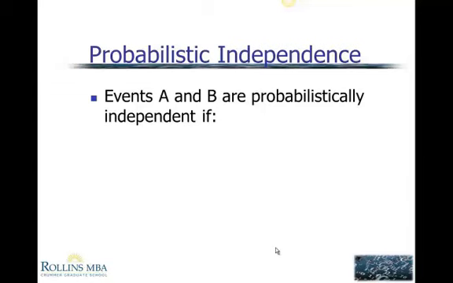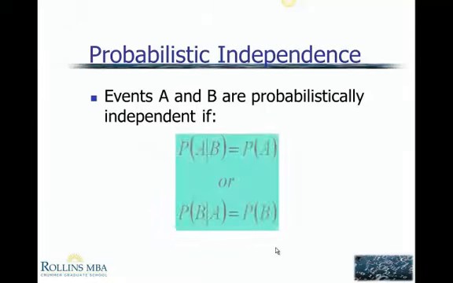Well, if that probability of A doesn't change if I know B has happened versus if B doesn't happen, or if I don't know anything about B, then the two are independent of each other.